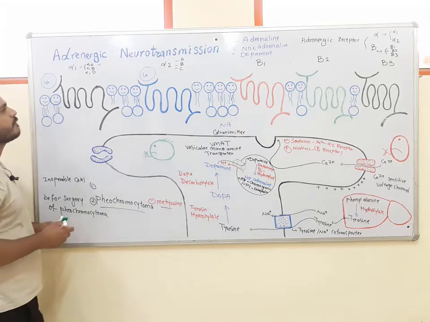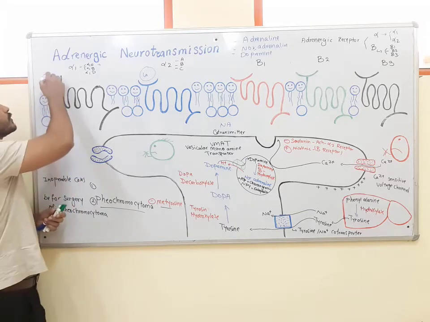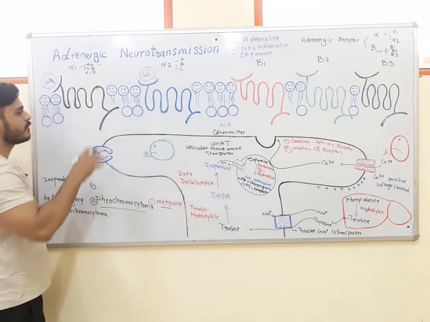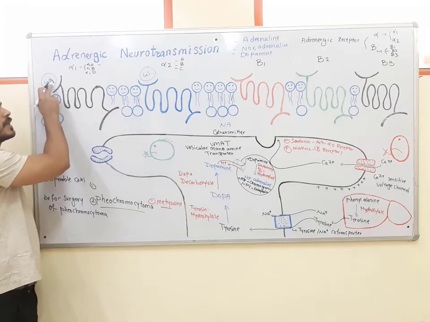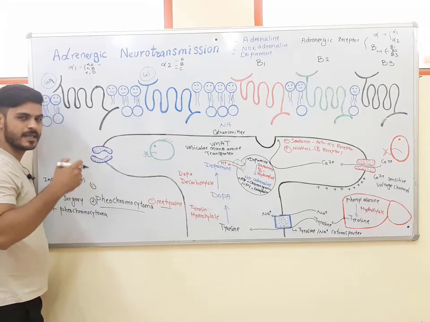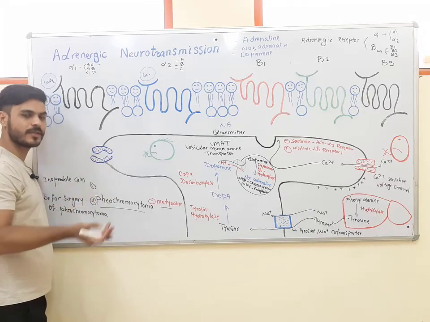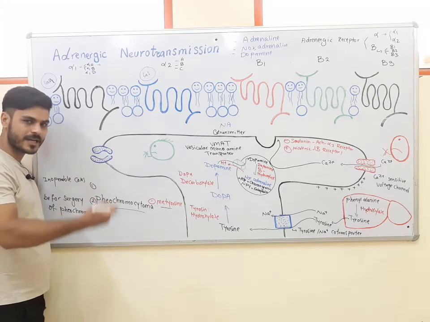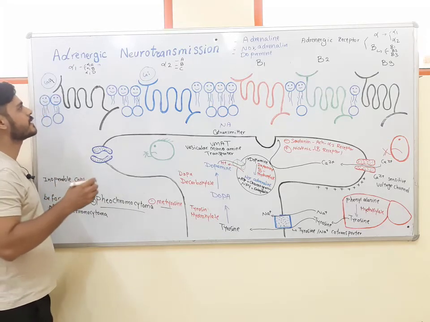Another difference between alpha 1 and alpha 2 is that alpha 1 is coupled with Gq protein, but alpha 2 is coupled with Gi protein. When noradrenaline binds to alpha 1, it activates the Gq protein, and as you know, Gq protein will increase the concentration of calcium in the cytoplasm of the target organ, and by increasing the calcium we can see increase in the contraction of the muscle and increase in the activation of different enzymes in the target cells.